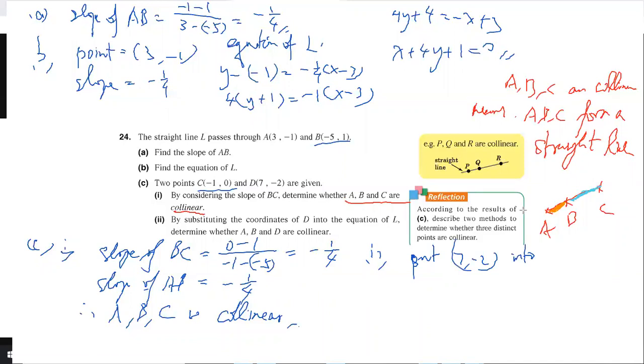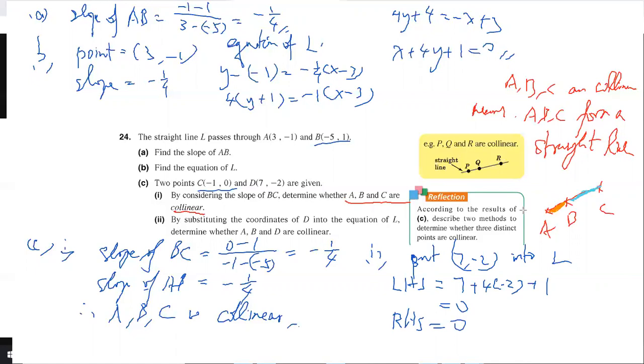We need to put the coordinates of D into the equation of L. But this time we need to do it separately for the left hand side and right hand side. 7 plus 4 times negative 2 plus 1 is the left hand side, right? And it is equal to 0. And the right hand side of the equation is also equal to 0.